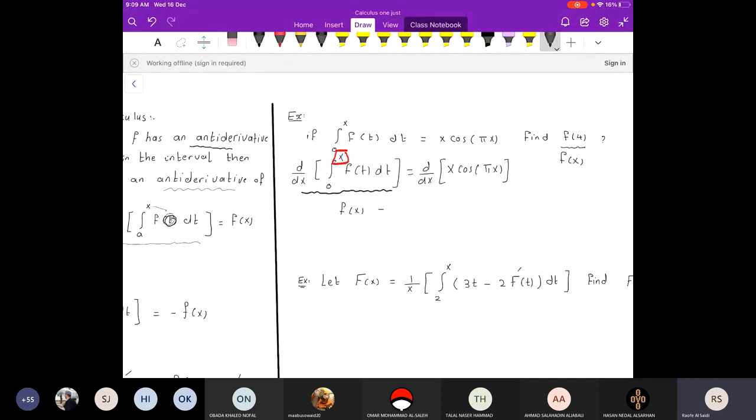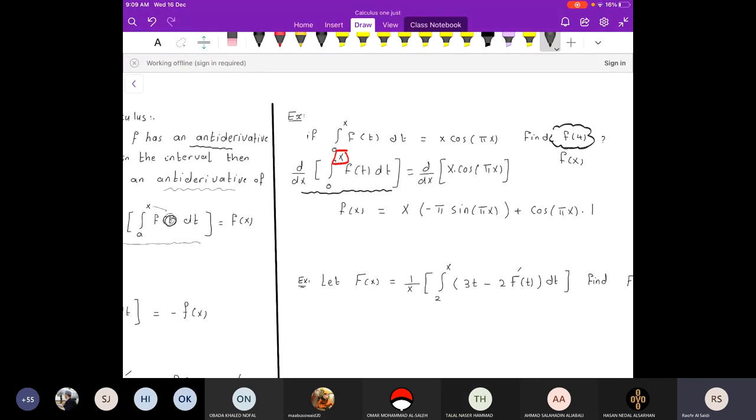How can we differentiate x times cosine pi x? First times the derivative of the second: x times minus pi sine pi x, plus the second times the derivative of the first: cosine pi x times 1. Now the question asks to find f(4).